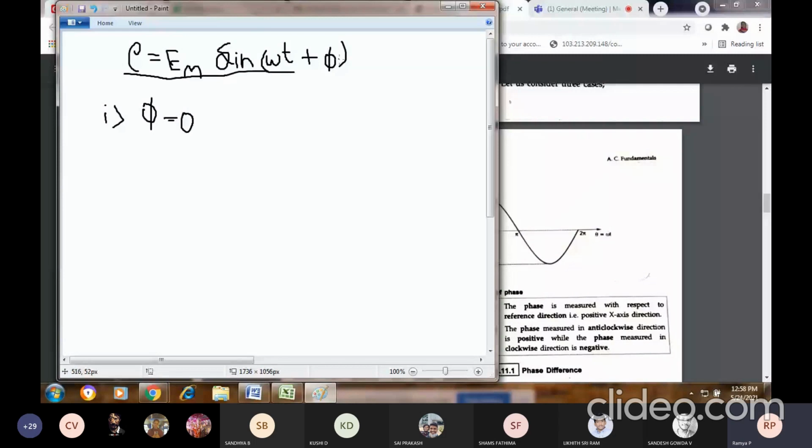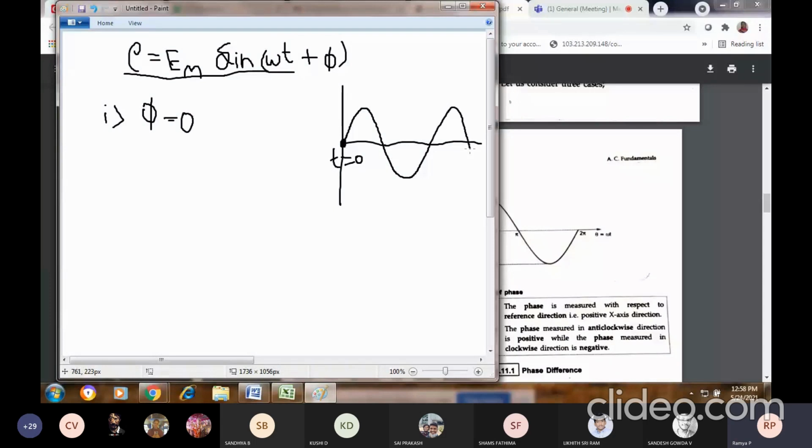So when I write the sine wave here, at instant t equal to 0, if my phase angle is 0, then my waveform will start from 0 only. Then the sine wave is going to take shape like this, meaning I don't have any phase angle difference here. This is my first condition at time t equal to 0.